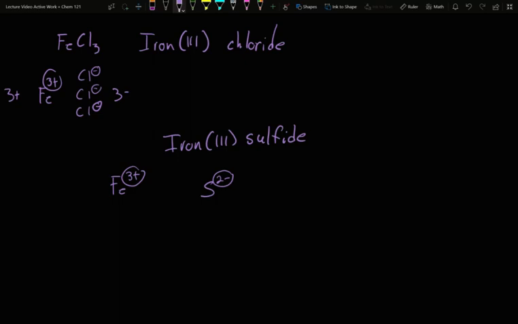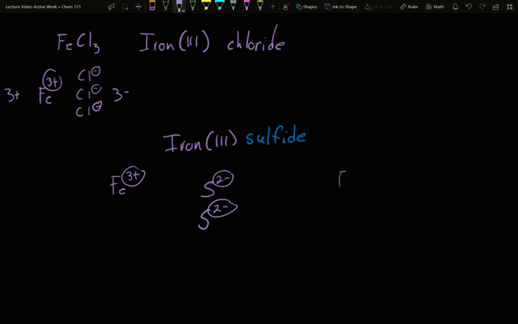But if I pair these two together, that's going to leave me with an extra positive. Remember, your ionic formulas must be neutral. So this is not a 1-to-1. So I need some more negatives. But the only place I can get them from is my sulfides. So all I could do is add another sulfide.